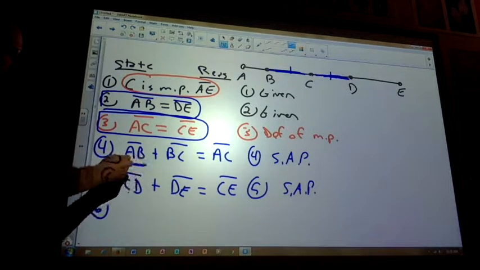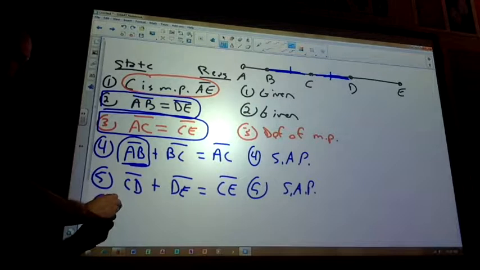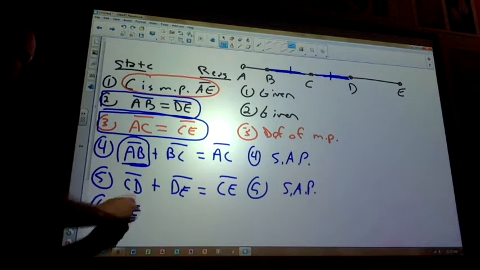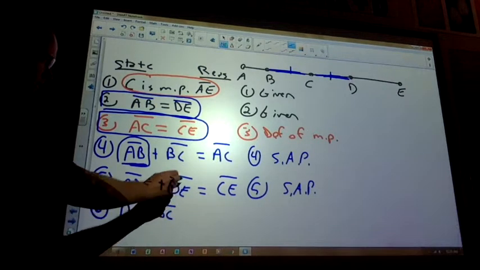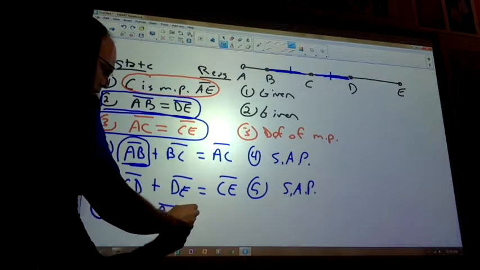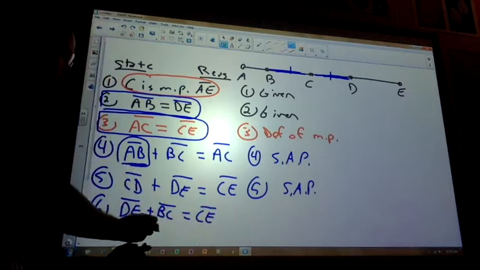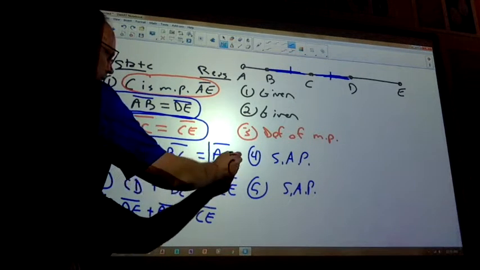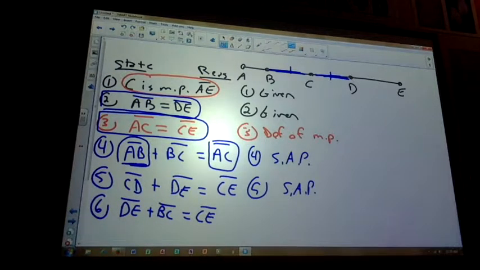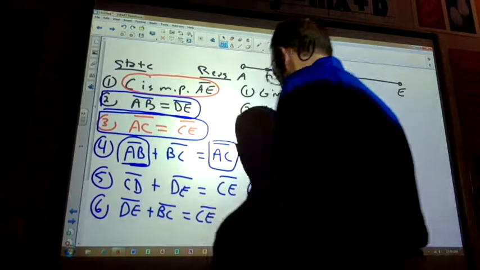I'm going to plug in right here. So I'm going to go DE plus BC is equal to CE, because I also plugged in for this. And that was just substitution.